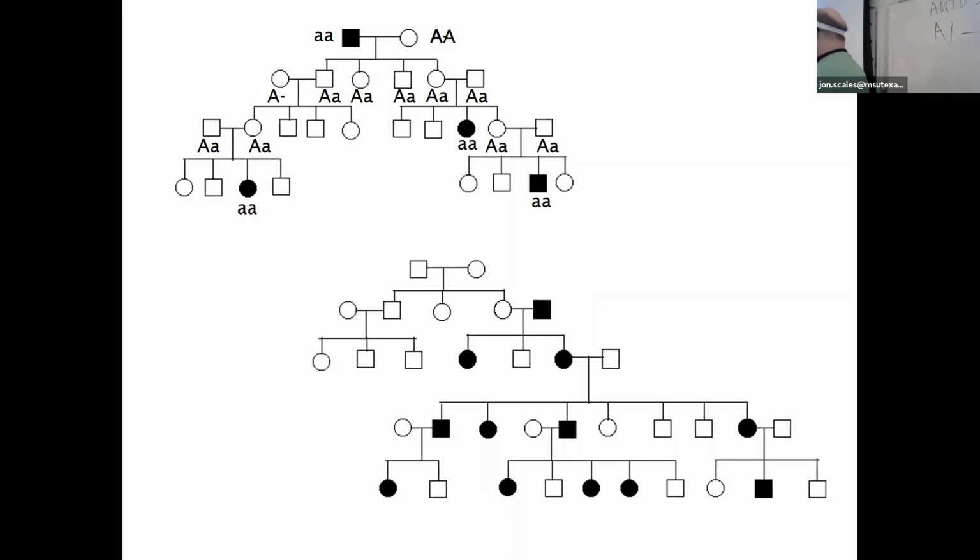So if you look at a generation with an affected male, all affected males have only affected daughters. And if we look up here, that affected male had only affected daughters.